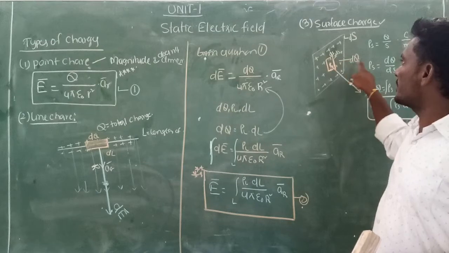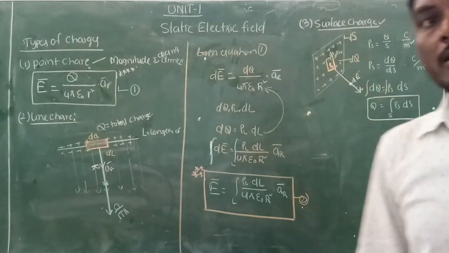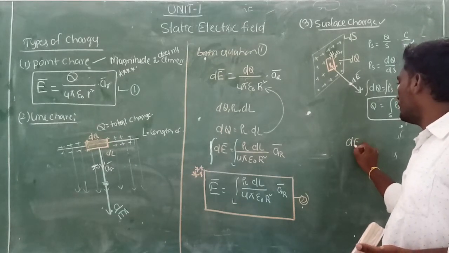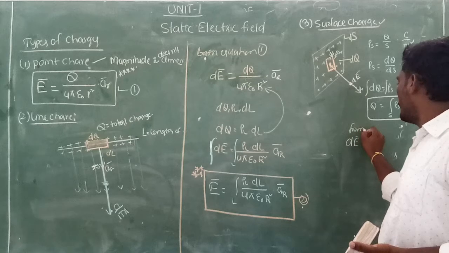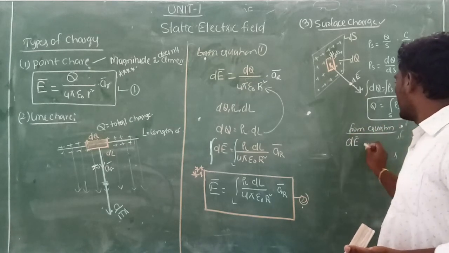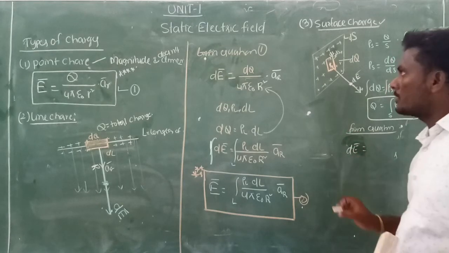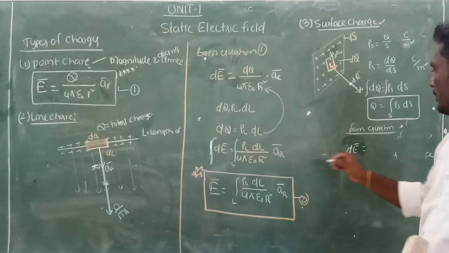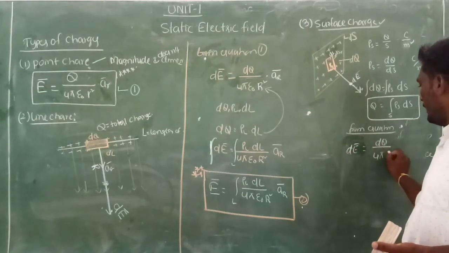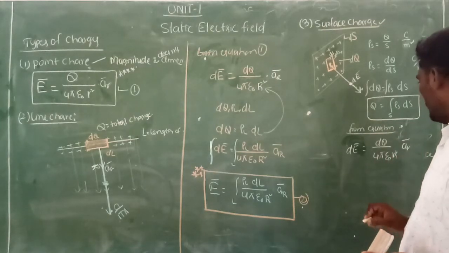So due to the differential surface area, the differential charge produces at another point a differential electric field intensity, and from equation 1, dE bar is equal to, tell me, dq by 4 pi epsilon naught r square into r bar.